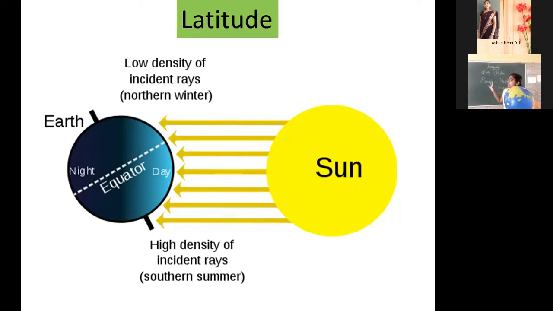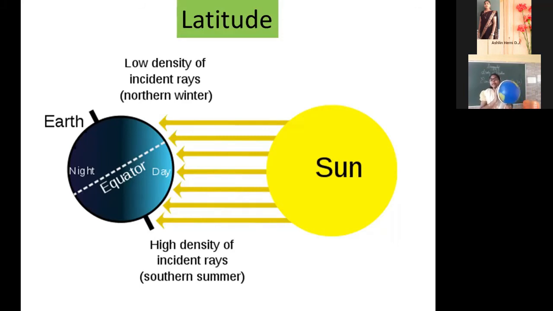In that picture, the sun's rays are directly reaching the equator, the vertical line. So the temperature of that particular place increases. Now look at me, students, not the screen.